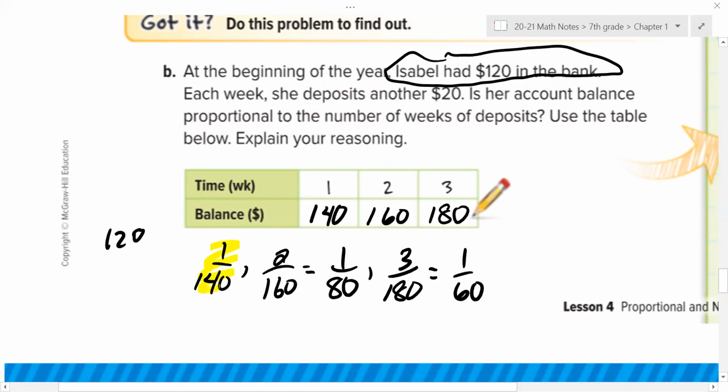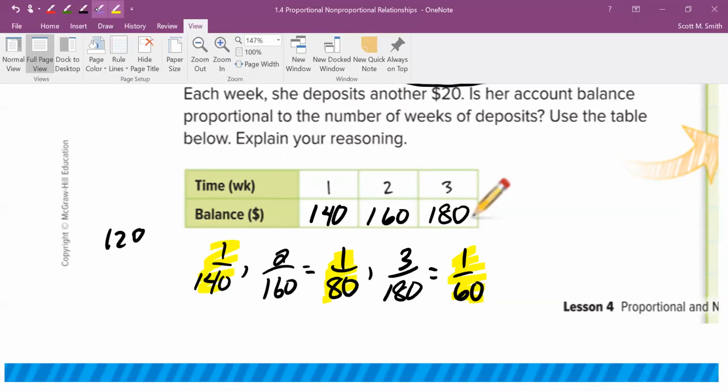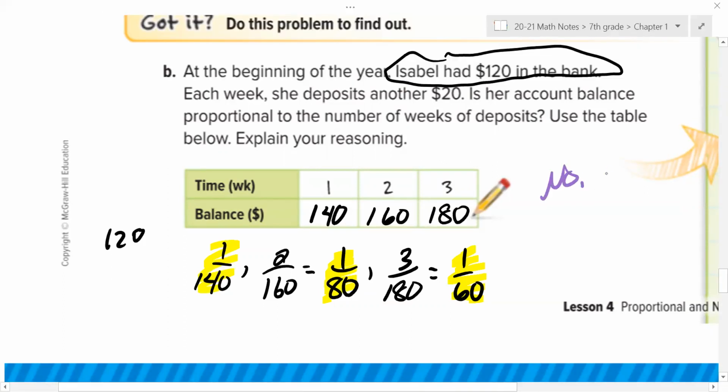There's 1 over 140, 1 over 80, and 1 over 60. And since all the rates are not the same, not a common ratio, so no, it's not proportionate. No, not a common ratio, not proportionate.